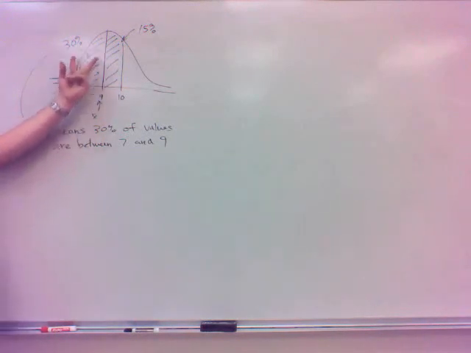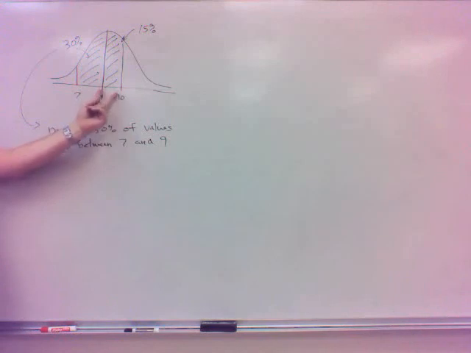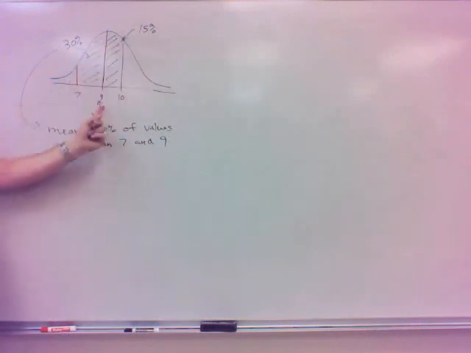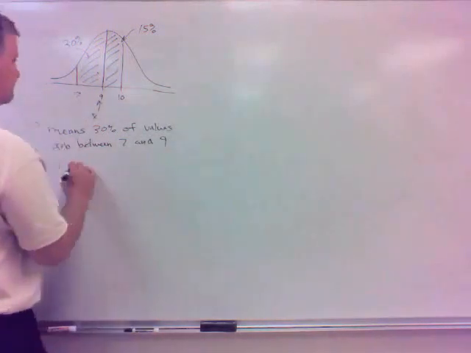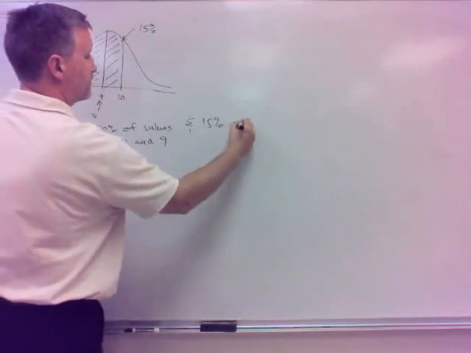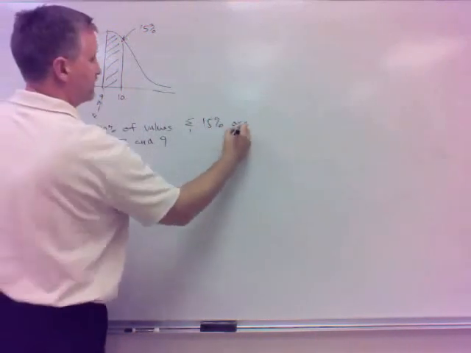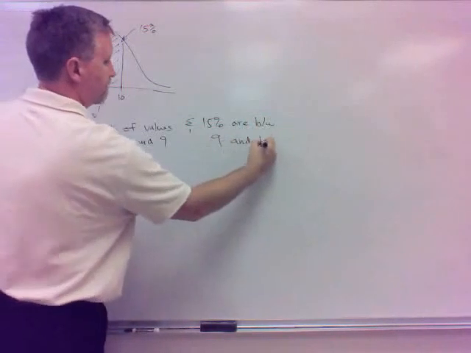Since this area here is 30%, 0.30, that means 30% of the values are between 7 and 9. What does this mean? 15% are between 9 and 10. Okay?